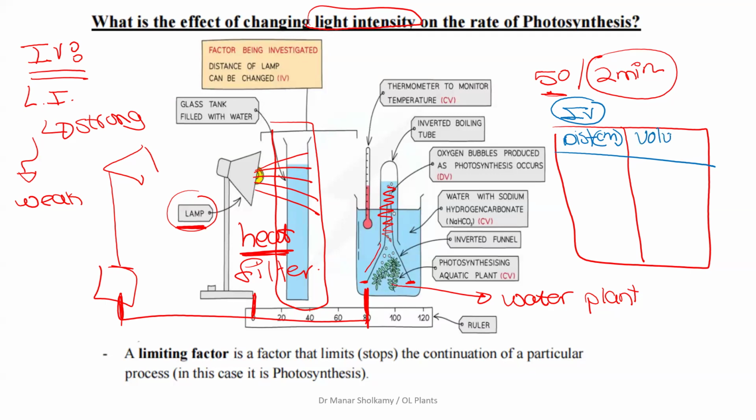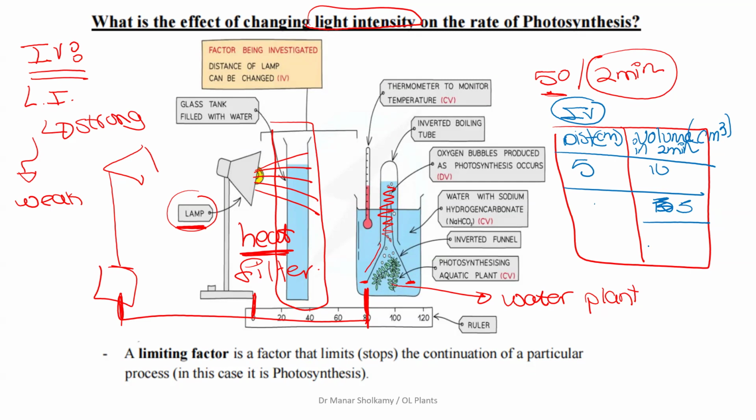So I'm going to write here volume produced in centimeter cube, don't forget the units, in 2 minutes. And I'm going to change the distance, let's say 5, and the volume, let's say 10, and so on. The volume, what do you think? Will the volume increase or decrease if I increase the distance? The volume will decrease. Correct. The volume will decrease because there is less photosynthesis.